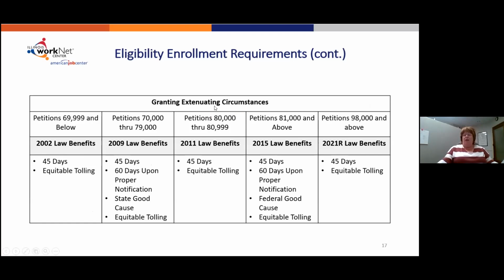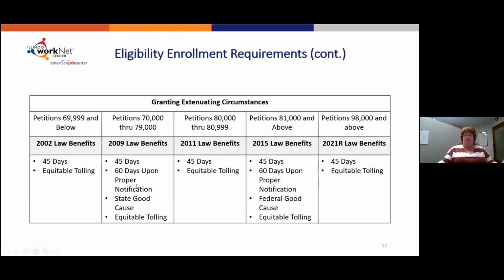So here they are. If you grant an extenuating circumstance for the different laws, here are the different ones. The 45 days is available to all of them. And we have these described in our policy, what those mean. And we will provide those later as well. There's equitable tolling, available across all of them.